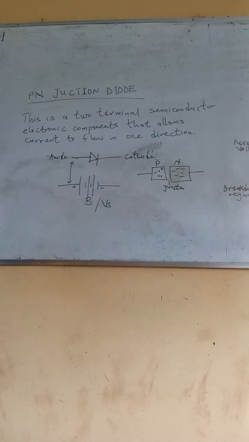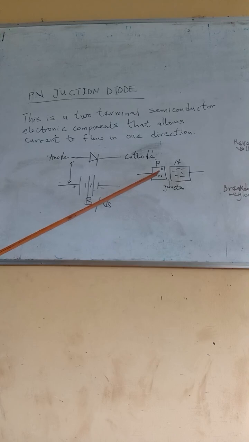If this happens, the voltage will break down the junction of the PN diode. This junction can also be referred to as the depletion region. It is an insulator that insulates the electrons and the holes and keeps them from coming together. But when the voltage source is applied, that voltage will break down the depletion region.